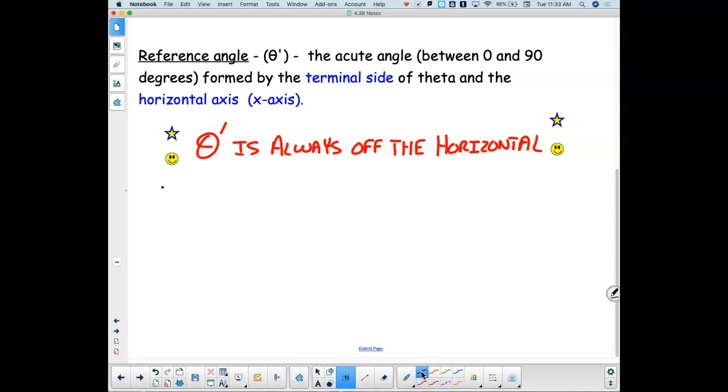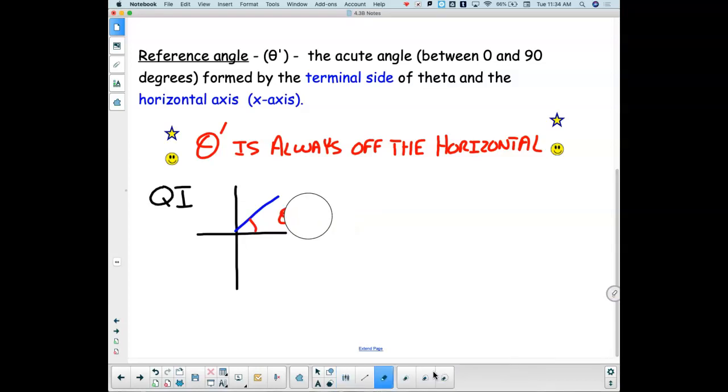So, let's talk quadrant number 1. If my angle is in quadrant number 1, then theta is equal to the reference angle.